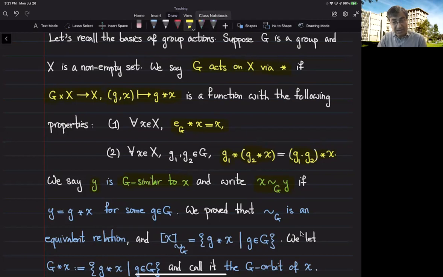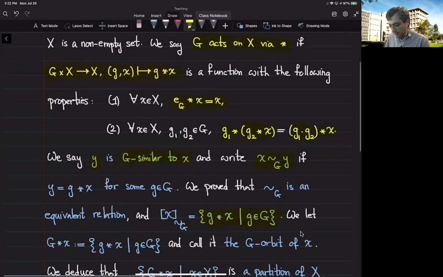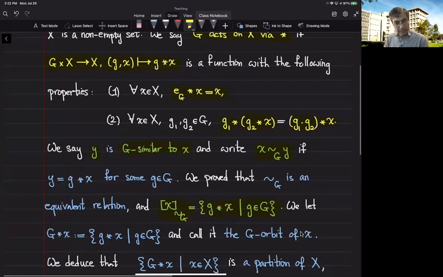We proved that this relation is an equivalence relation, and motivated by the correspondence between equivalence relations and partitions, we looked at the equivalence class of the point X. We saw that this is nothing but all the points that are G similar to X, that means all the points that we can reach from X using symmetries within the group G. So that's the equivalence class of the point X, and therefore these equivalence classes form a partition.